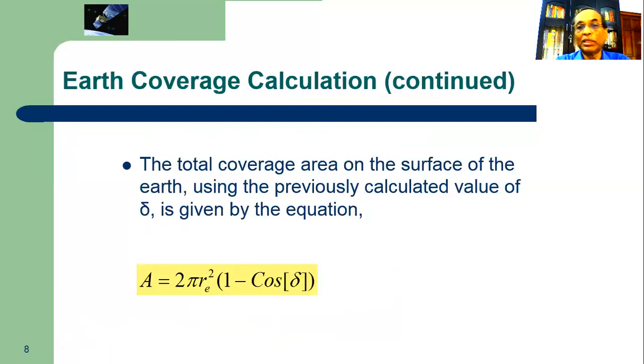So the total coverage area of the surface of the Earth, using the previously calculated value of delta, is given by the equation A is equal to 2 pi RE square multiplied by 1 minus cos of delta. So this is the area exposed to the satellite. So the satellite will see this area.